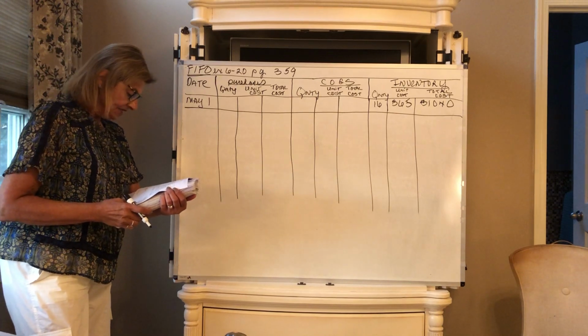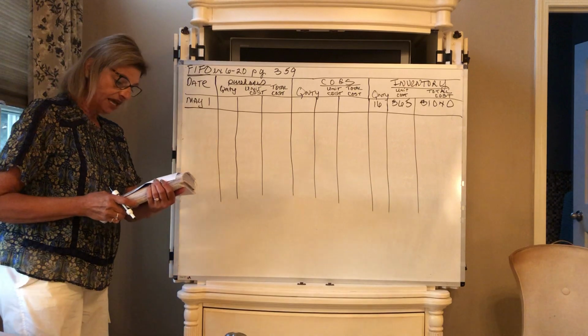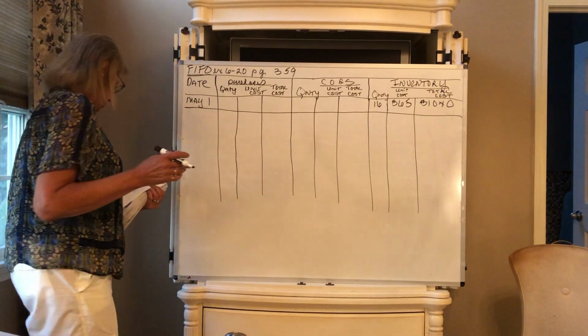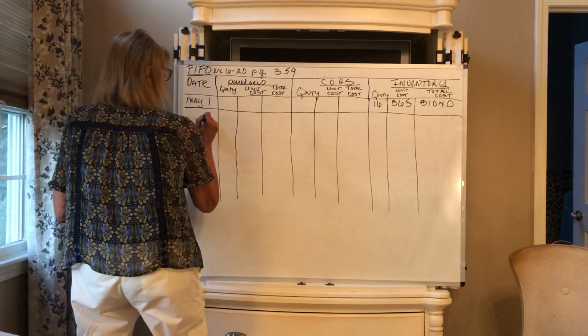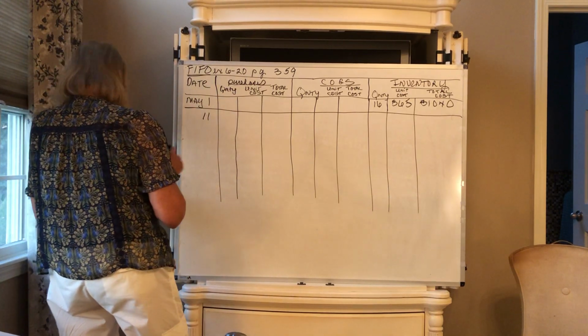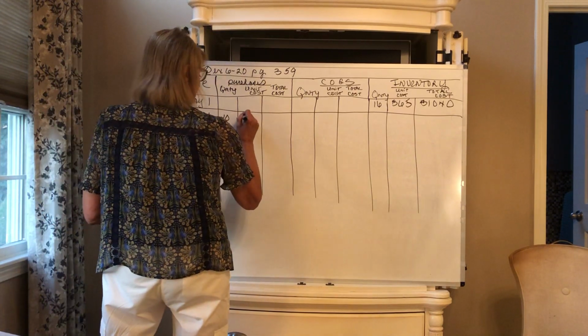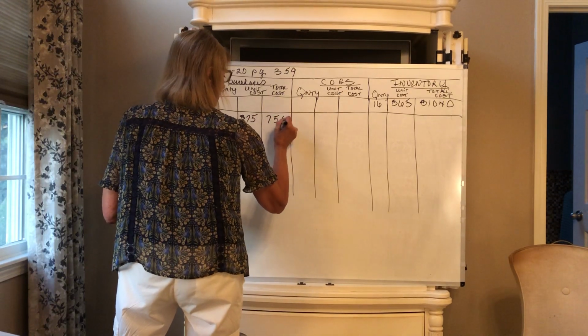So then on the 11th of May, they purchased 10 units at $78. Notice the price changed. Okay? So this is May 11th. They purchased 10 units and $75. So that's $750 for total cost.